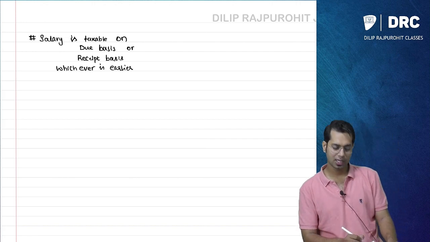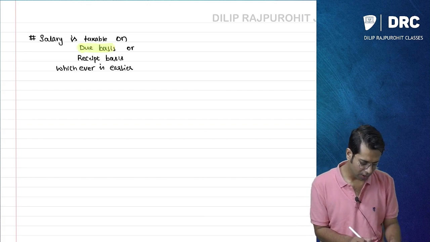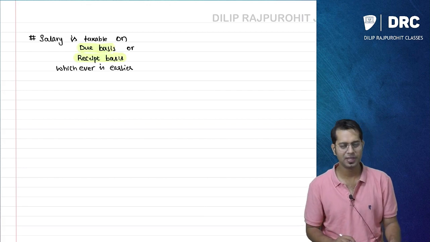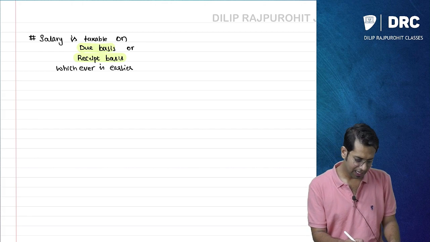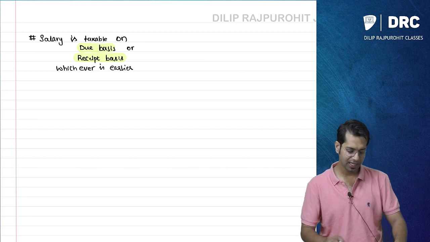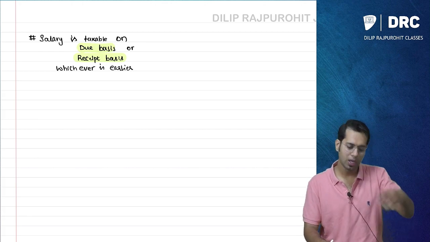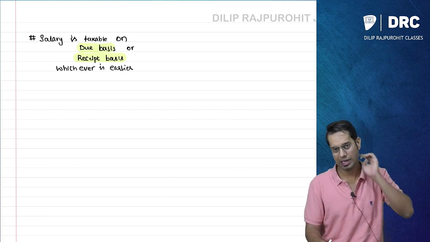So what does this charging section say? Salary is taxable on due basis or on receipt basis, whichever is earlier.